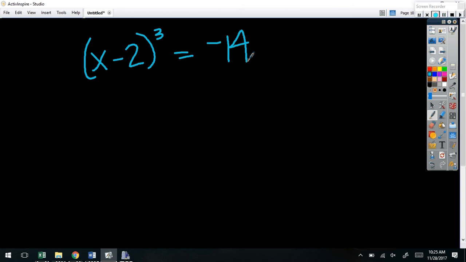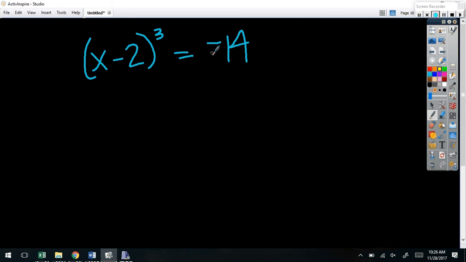The negative is one thing that's different about it, but there's something else that's different here. Parentheses. There's a negative. What else though? When you go to solve this, what's the first thing you're going to do?